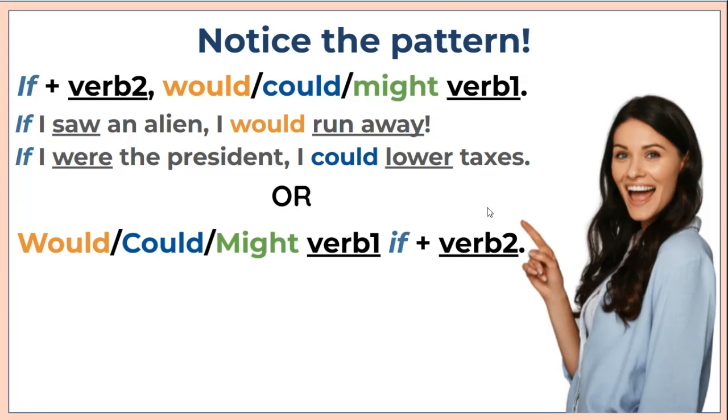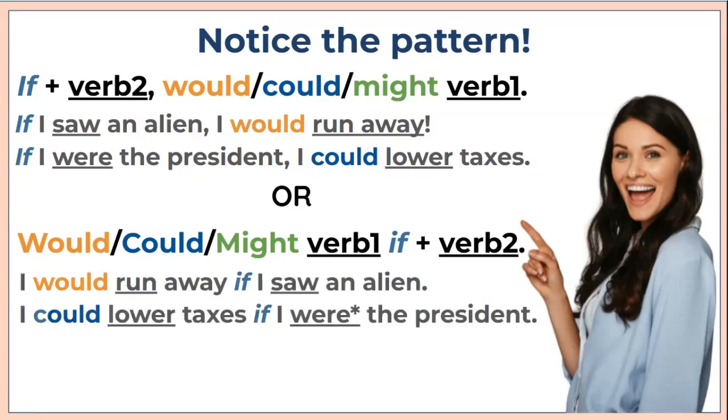Now, if and verb two are always going to be together. Think of it like boyfriend and girlfriend. All right, they're always going to be together. So if you move them, you move both of them. And the sentences would now sound like, I would run away if I saw an alien. I could lower taxes if I were the president.